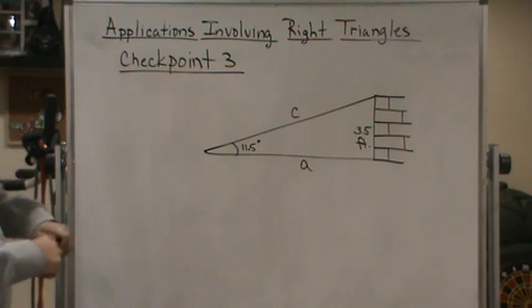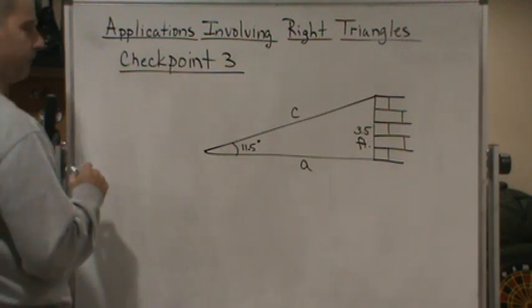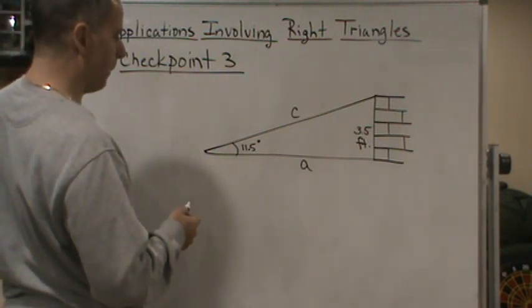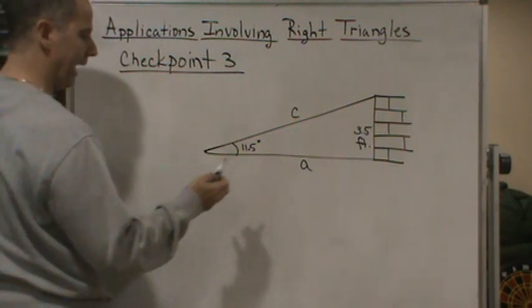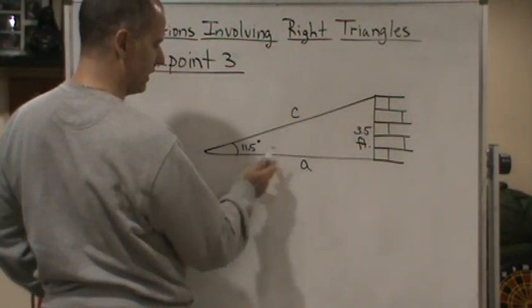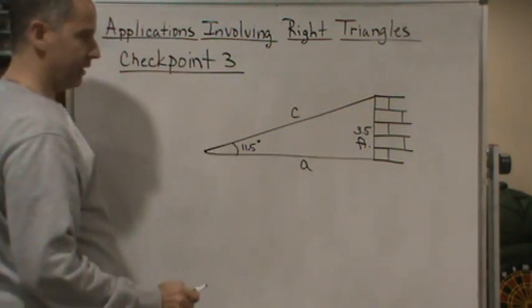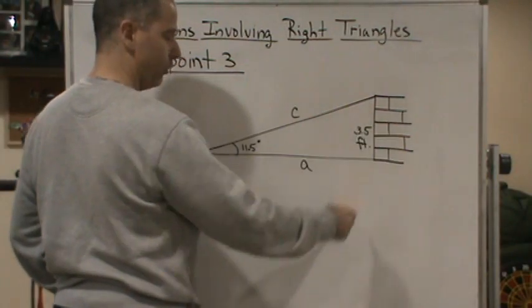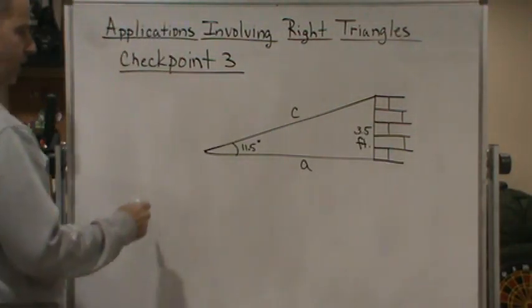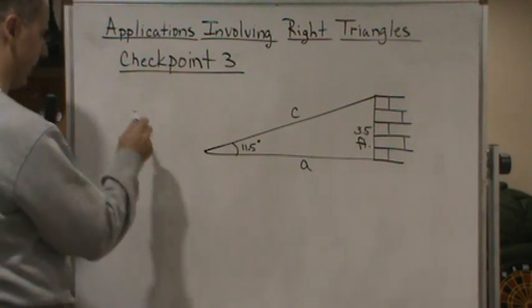Okay, so let's start by finding A. So again, A is the adjacent side, and 3.5 feet, the height over here, is the opposite side. So we're going to use tangent in this case.